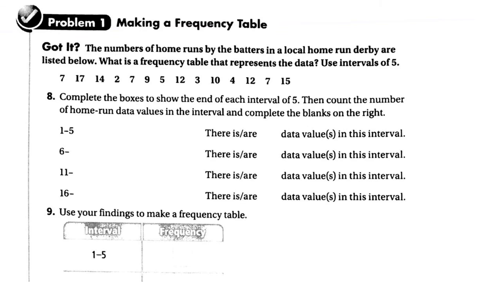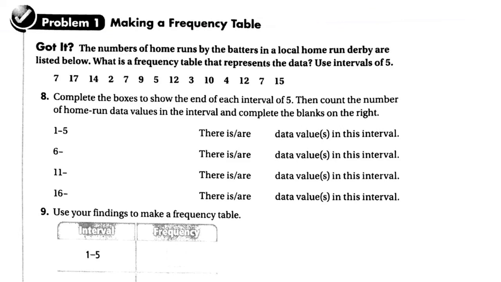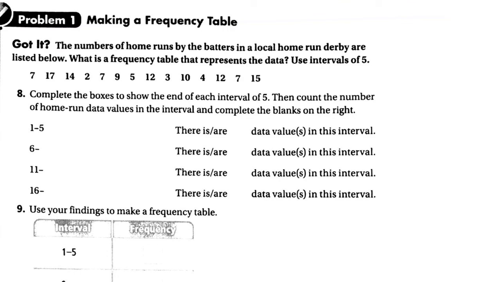The first thing, anytime you have a group set of data, you want to put them in order from smallest to largest, just so you have a better idea of what is there. So instead of 7, 17, 14, 2, 7, 9, 5, 12, 3, 10, 4, 12, 7, 15, because those are all jumbled around, what I like to do is list them out from smallest to biggest.